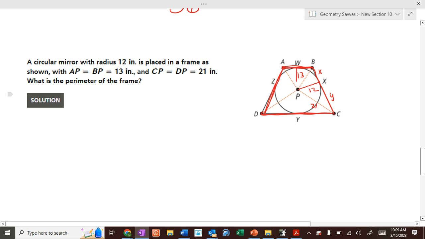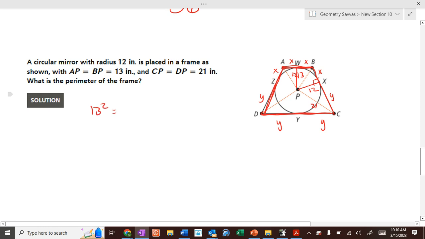Because what happens is this is also 12 and 13. So that makes this an X, that makes this an X, and that makes this an X. And that makes this a Y, this a Y, and this a Y. Okay? So we only have to figure out the Pythagorean theorem twice. Let's figure out X. So we have 13 as my hypotenuse because my right angle's there.